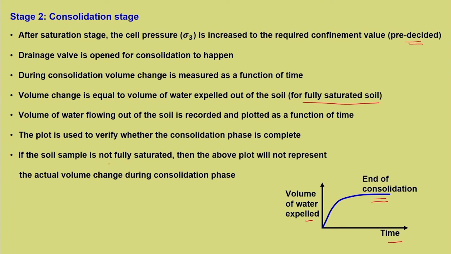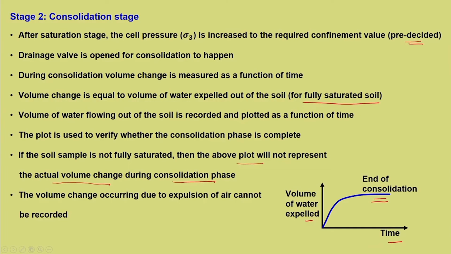So, if the soil sample is not fully saturated, then this plot will not represent the actual volume change during the consolidation phase. Why? Because the volume change occurring due to expulsion of air cannot be recorded. Let us say that there is some amount of air also present because of poor saturation.